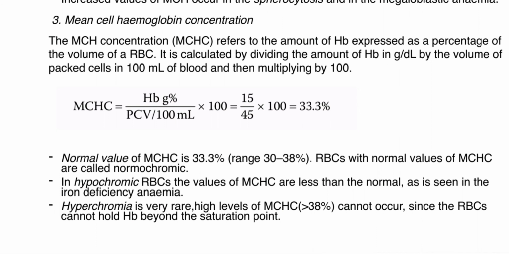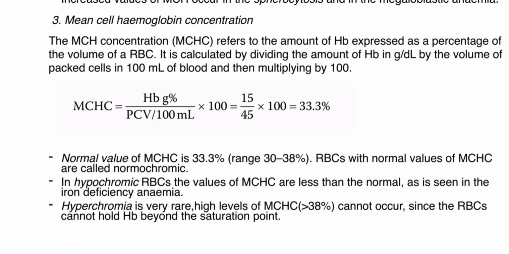So normal value of MCHC is 33.3 percentage, and it ranges from 30 to 38%. RBCs with normal values of MCHC are called normochromic. So if mean cell hemoglobin concentration is normal, then it is called normochromic.